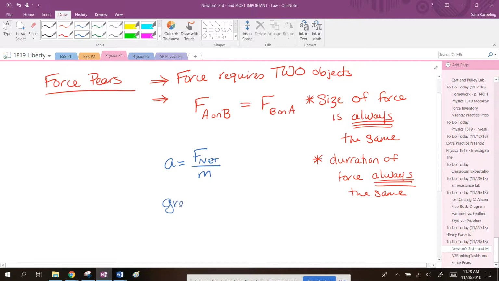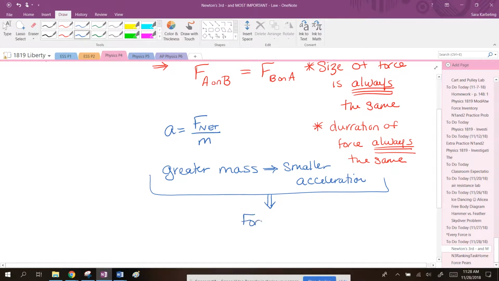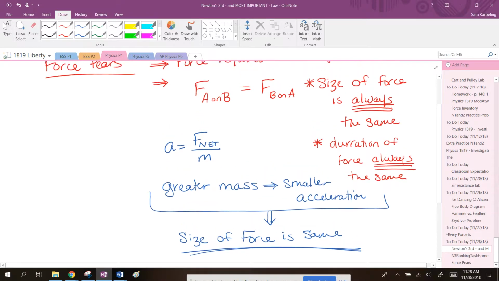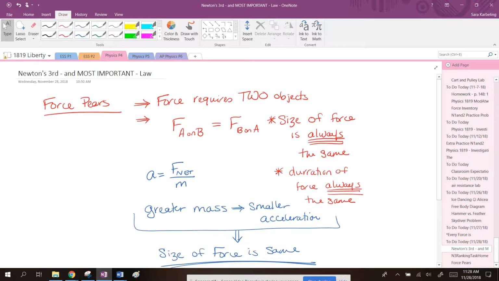So the greater the mass, the smaller the acceleration. But, and this is the big deal, the force, or the size of the force, is the same. Okay. That is Newton's third law. That's it right there.